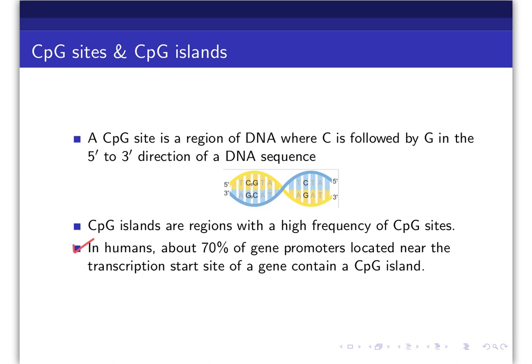In humans, about 70% of promoters located near the transcription start site of a gene contain a CpG island. Because of this, the presence of a CpG island is used to help in the prediction and annotation of genes.